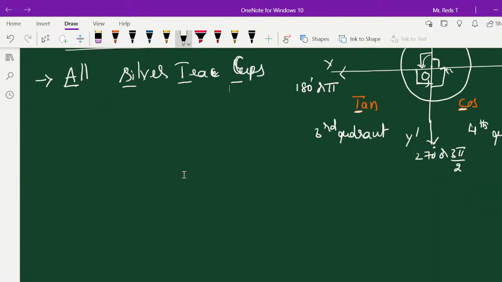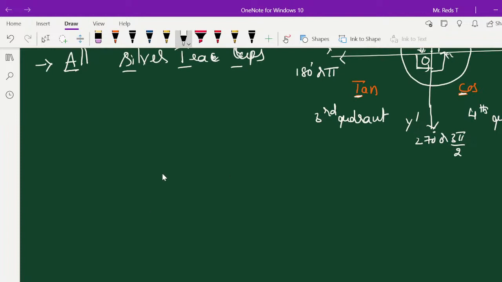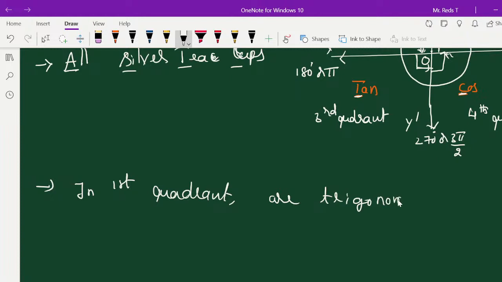Here, I will make it clearer, so note this down. In the first quadrant, write down clearly, all trigonometric ratios are positive.